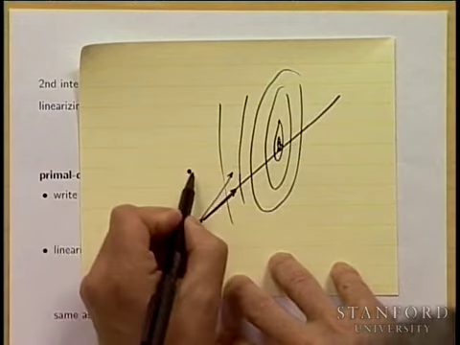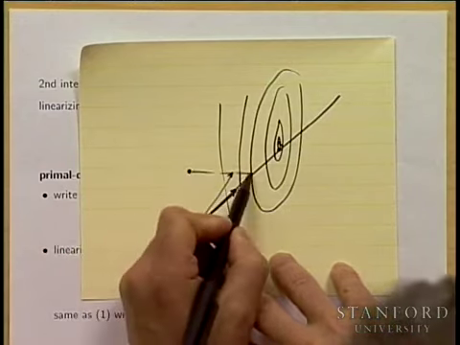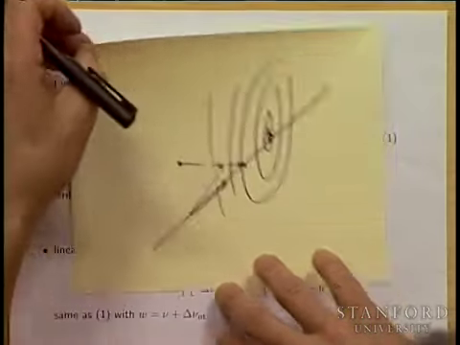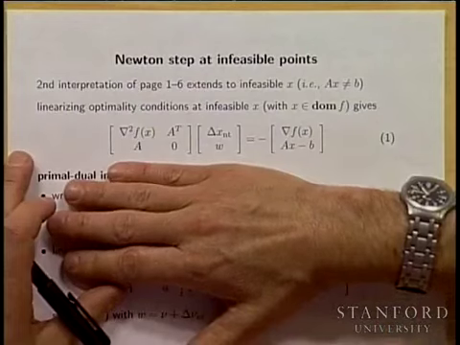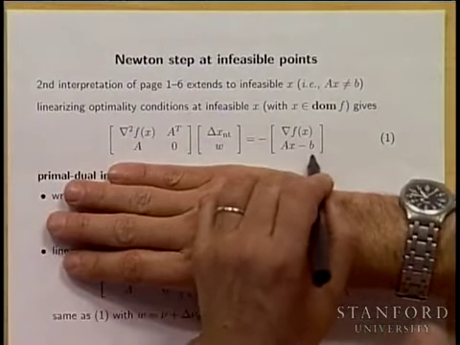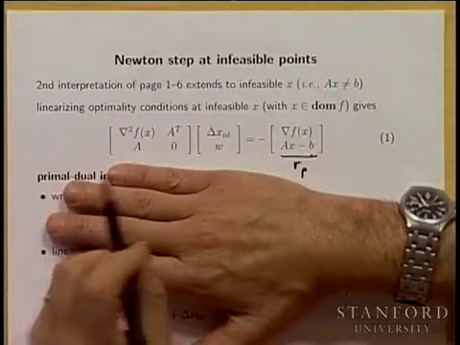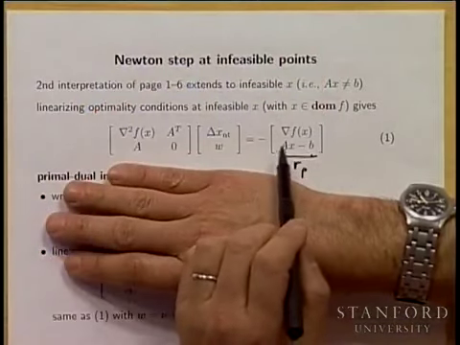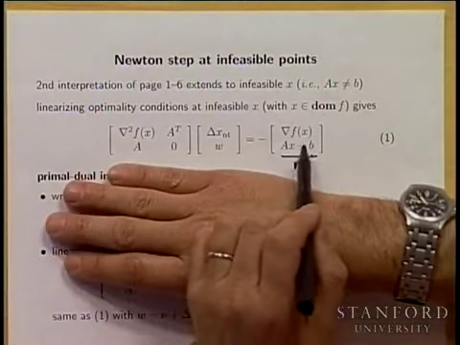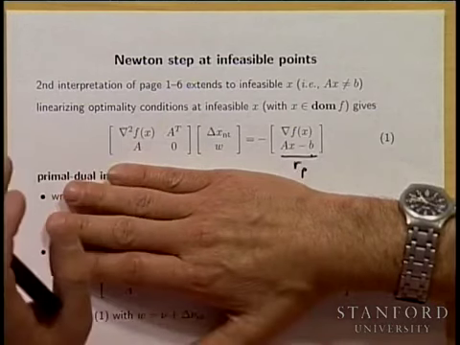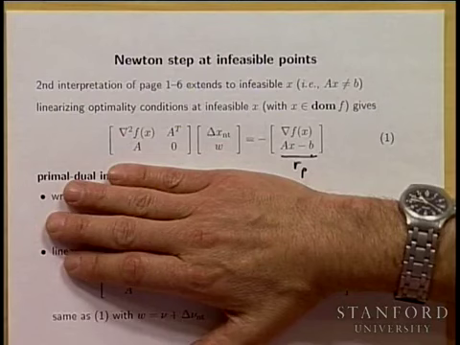By the way, the Newton step will be such that if you took a full step, it'll actually get you back to the line exactly here. That Newton step is described this way, and you put here R primal. That's the primal residual. Note that if x were feasible, this would be 0, and this would revert to the standard Newton direction.